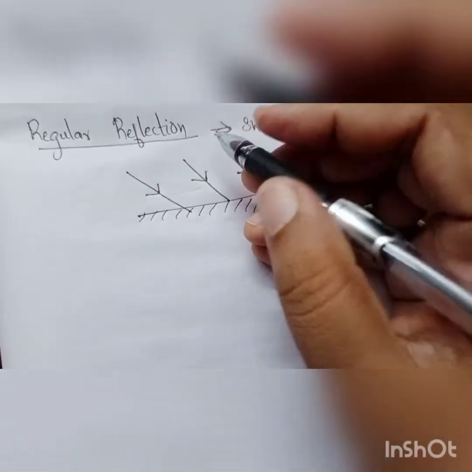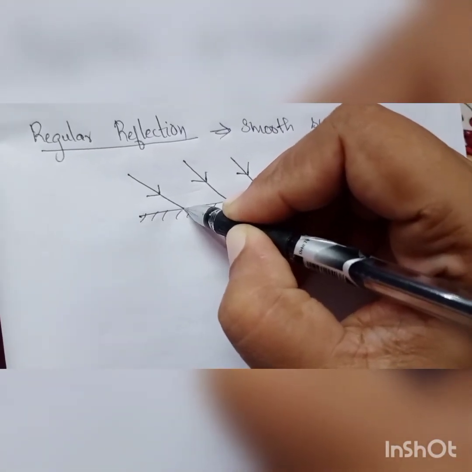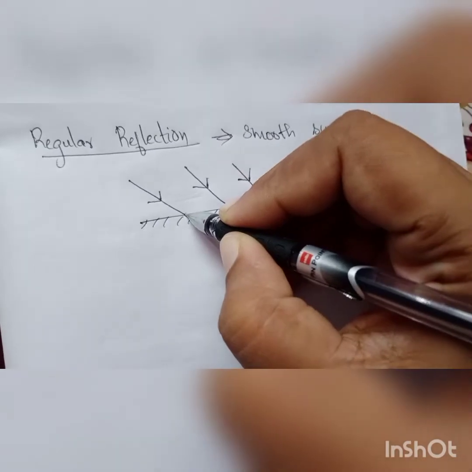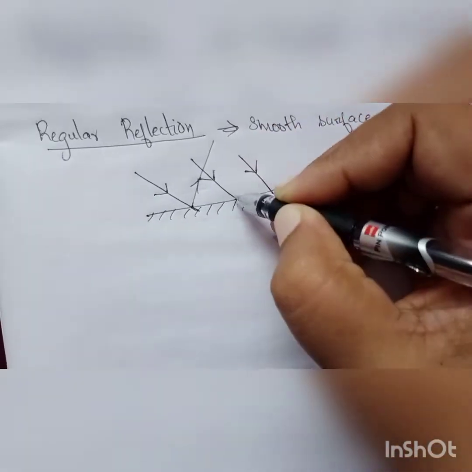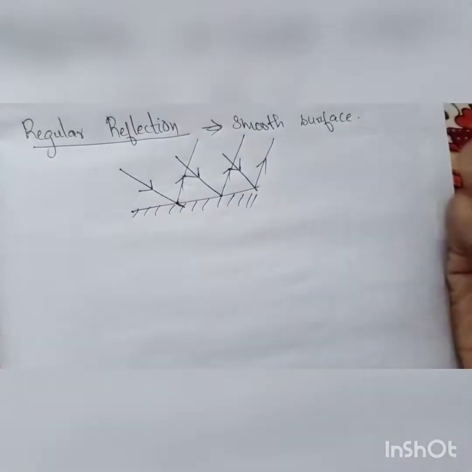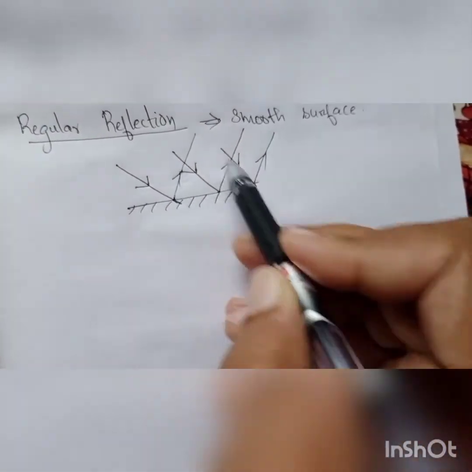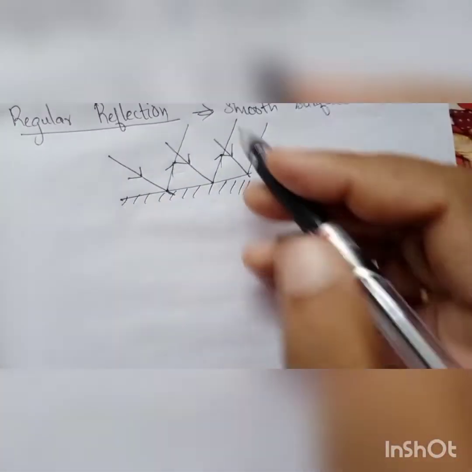So in a regular surface, after reaching this point, the ray bounces back. From this point it bounces back, again from this point, and from this point. If you look at these three points, these incident rays are falling parallel on the surface.